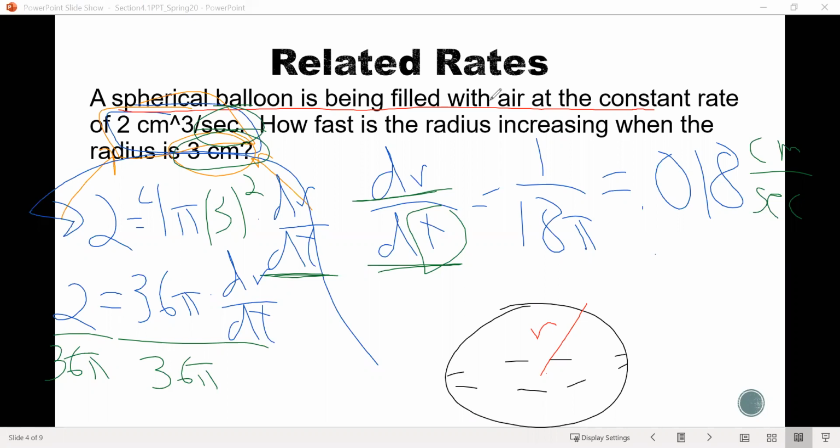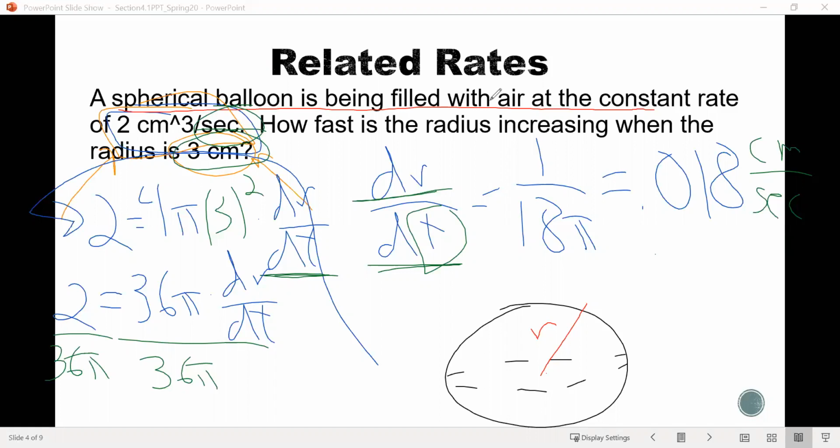And the answer is no, because think about as the balloon is increasing, you think about it kind of filling up in all different directions at different volumes. The radius will be different, so the length of that radius will be changing at different rates. Okay, even though the balloon itself is being filled with air at a constant rate, the radius will be changing at different rates.